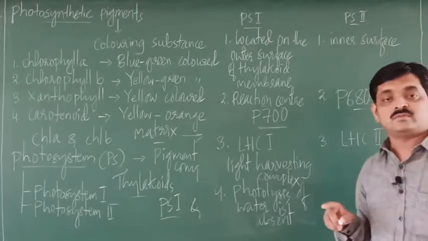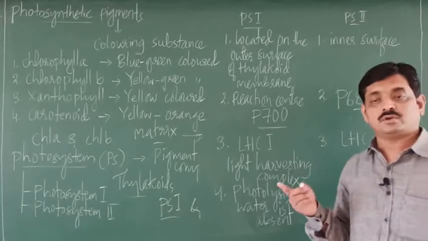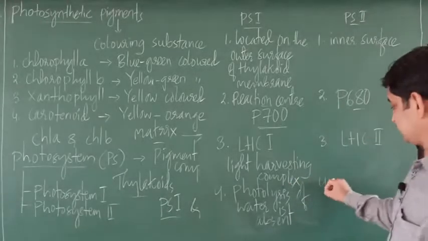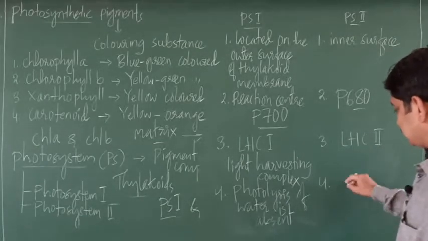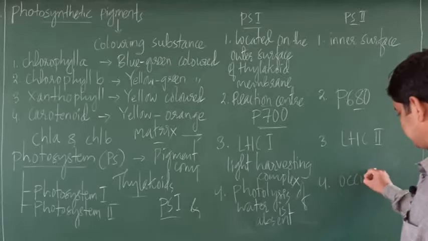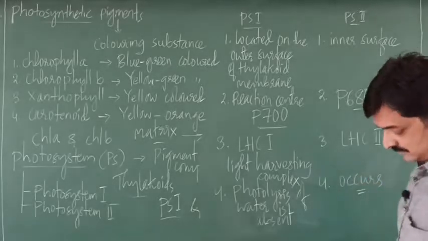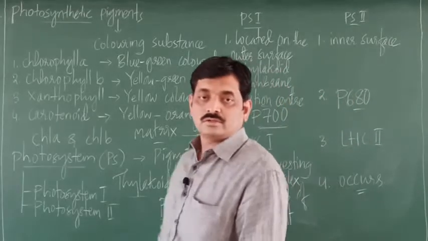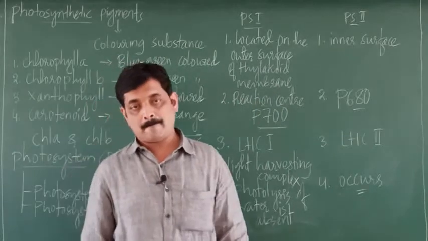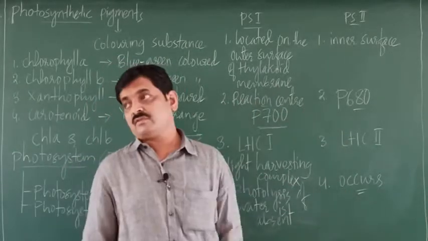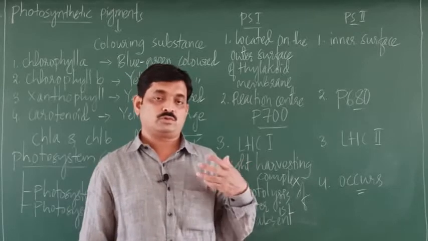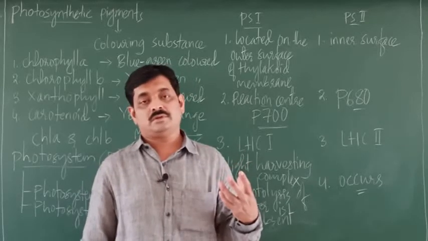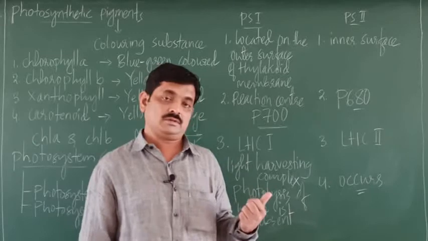So in photosystem 1 there is no photolysis of water. Here photolysis of water occurs. So photolysis of water occurs in photosystem 2. Photosystem 2 exhibits photolysis of water.